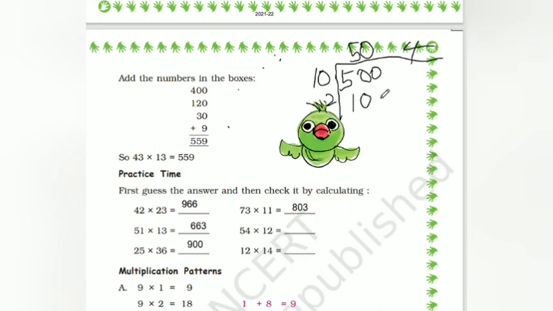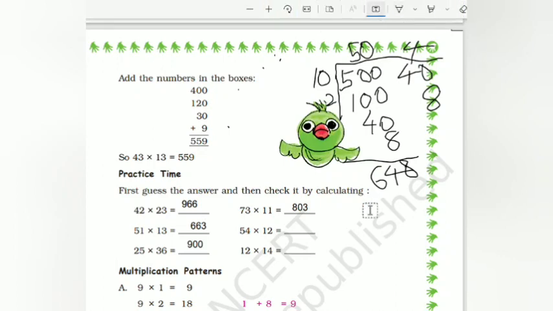It is 100. 10 into 4 is 40. 2 into 4 is 8. So 500 plus 100 plus 40 plus 8. 0 plus 8, 8. 0 plus 4, 4. 5 plus 1, 6. So 648 is the answer.